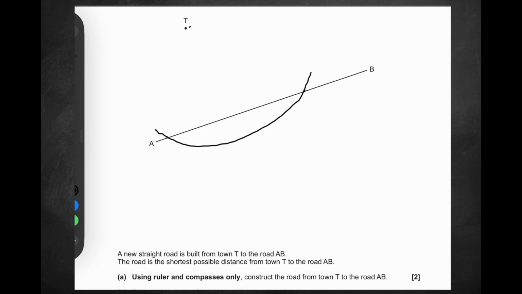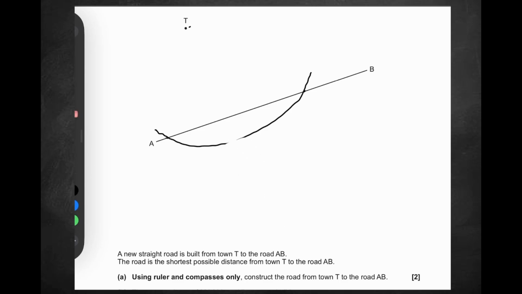Then you're going to pick up the compasses and draw another arc underneath T somewhere from each of them, and it's going to look something like this. So again, poorly drawn, but something like that. Making sure that they cross over.